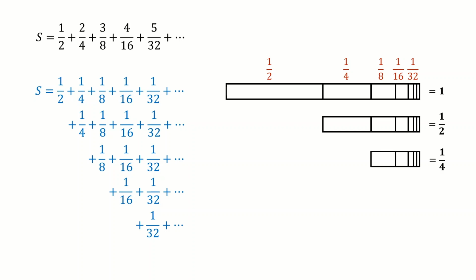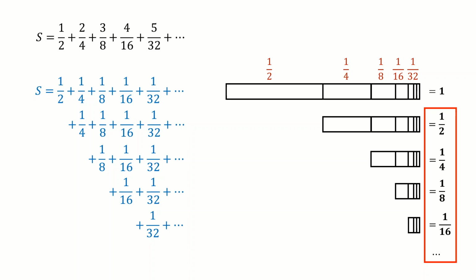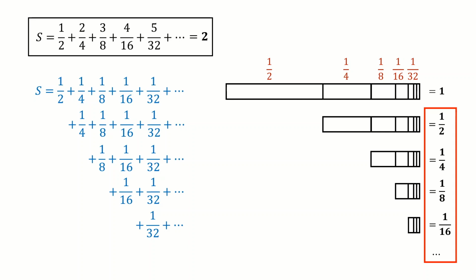Then the third row is going to be a quarter, and we continue like that. Now if you look at the numbers in the red frame, you can see that it's again equal to 1/2 plus a quarter plus 1/8 plus 1/16, which is what we already evaluated. This is going to be 1. So the total amount of the series S is 1 plus 1, or equals 2.